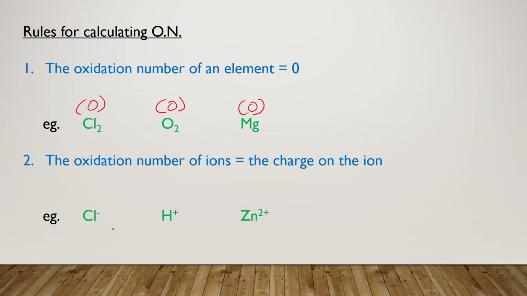What the single negative charge on our chloride stands for is that each chloride ion in solution has effectively gained an electron from another atom. It doesn't matter where it came from, we just know that each chloride has gained a single electron. So we assign the chloride an oxidation number of -1.